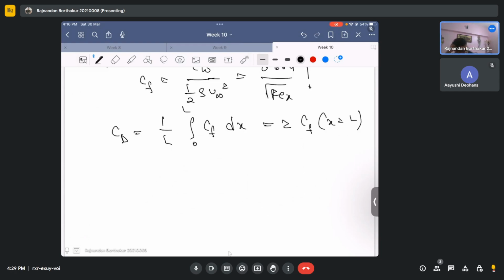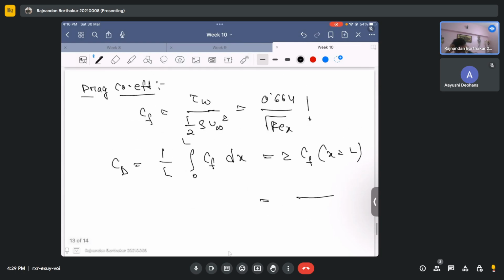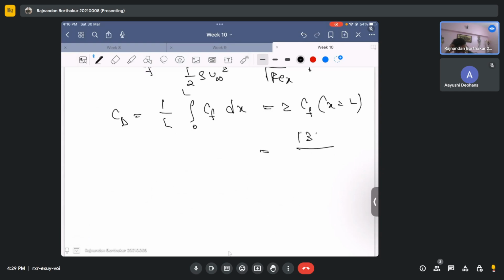You just need to evaluate CF at x equal to L. So it is 2 times 0.664, which is 1.328 times square root of ReL. This is your total drag coefficient.